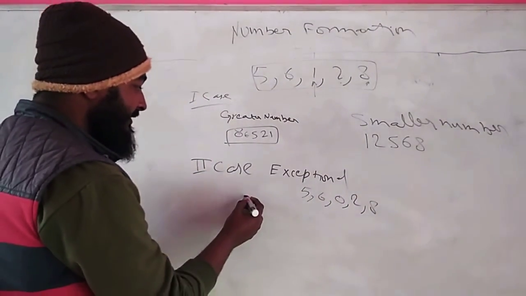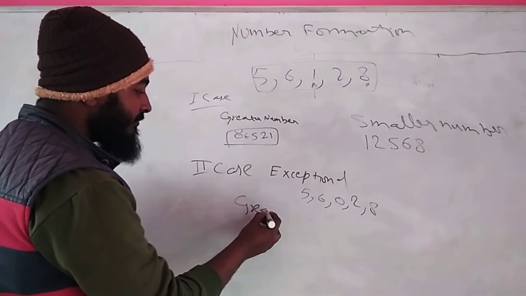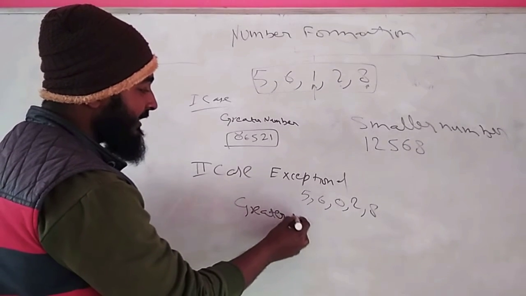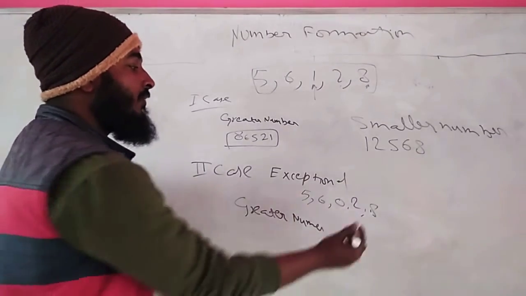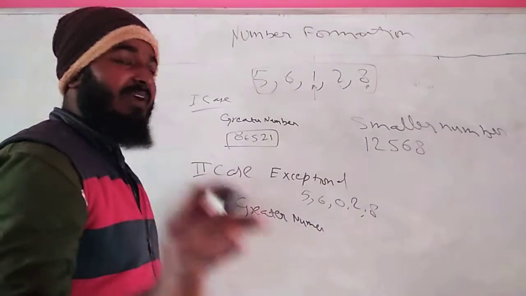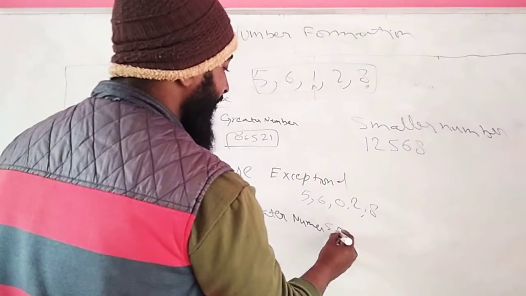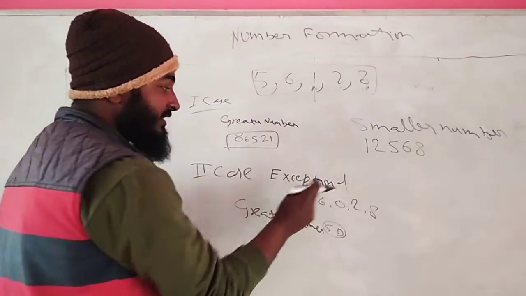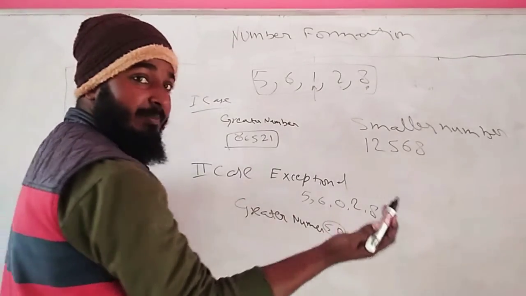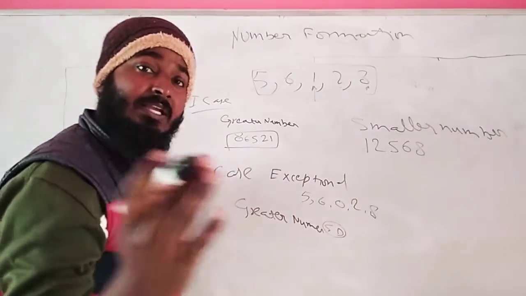First of all, you are asked to write the greatest number from these digits, of 5 digits. The greatest possible number from these digits: use the same method, arrange the digits in descending order.